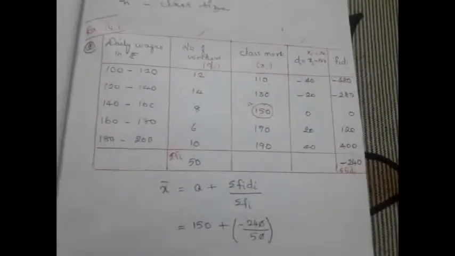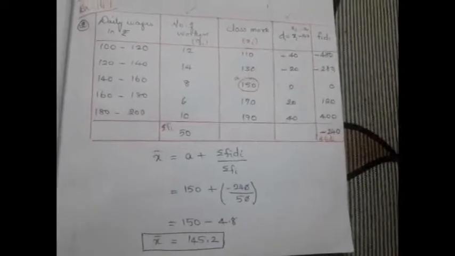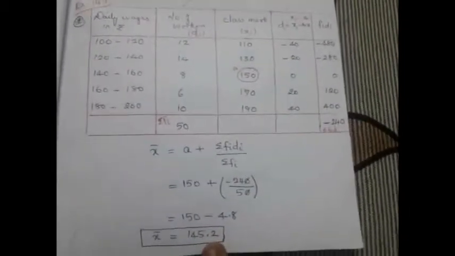If you want to perform the same problem using direct method, we won't be having this D column. After this xi column, directly Fi(xi). You have to multiply these two numbers, get your Fi(xi) column, add those values and divide that number by the summation Fi, you will get your answer. In that way also you will get the same number as your answer.